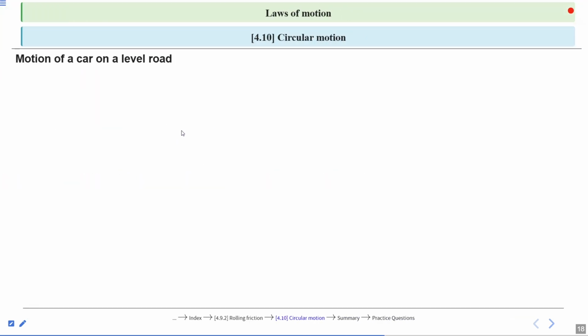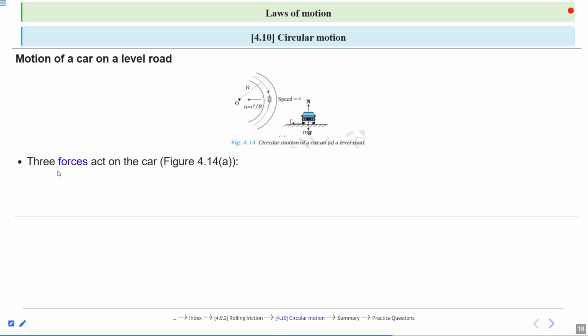Motion of a car on a level road. There are three forces acting on the car. Figure 4.14, circular motion of a car on a level road. Which ones? First, the weight of the car, mg, acting vertically downward.